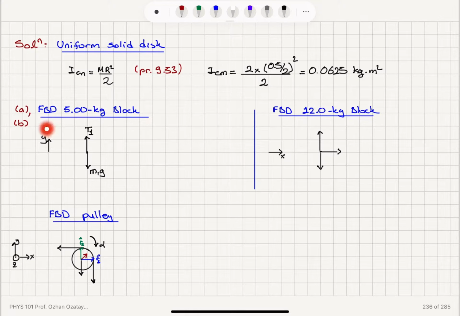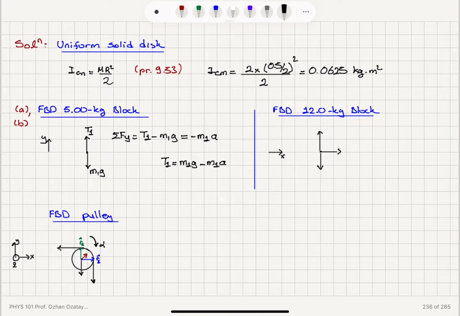And if this is our y-axis here, we can see that the net force on the y-axis will be the tension T1 minus M1G, which is responsible for the acceleration of this mass, because it will accelerate down. It's in minus j hat direction, so it's minus M1A. So we can see that tension T1 is equal to M1G minus M1A in j hat direction.